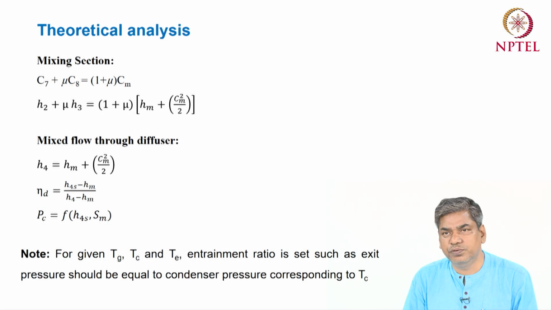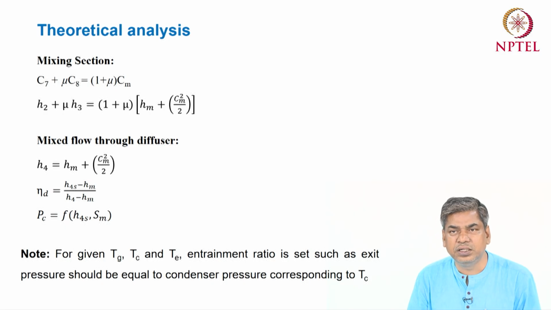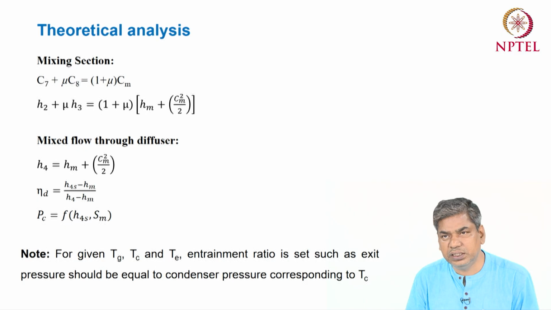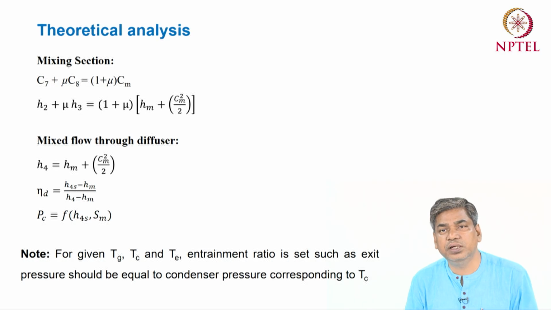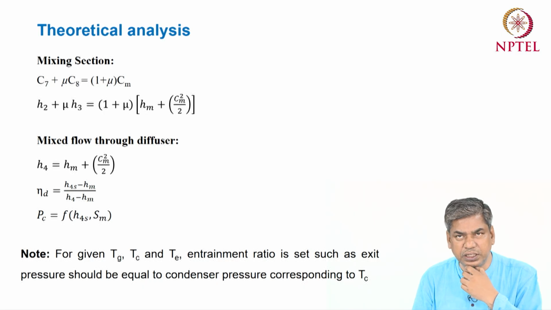Okay. So for this case, for a given generator temperature, condenser temperature and evaporator temperature, the entrainment ratio is set such that the exit pressure should be equal to the condenser pressure corresponding to the condenser temperature. So all the steps which I have already shown are to calculate the condenser pressure. Now in case the condenser pressure is given and the entrainment ratio is not given, then we have to do some iteration.